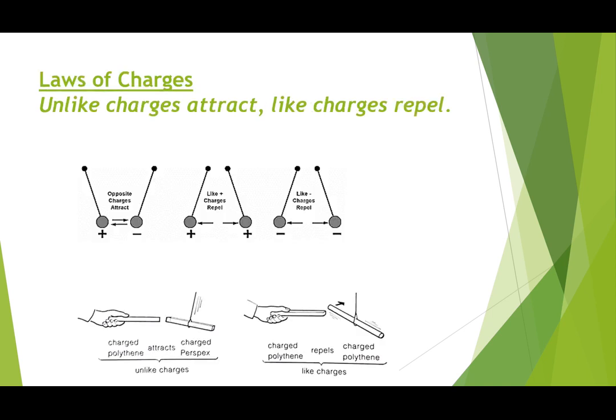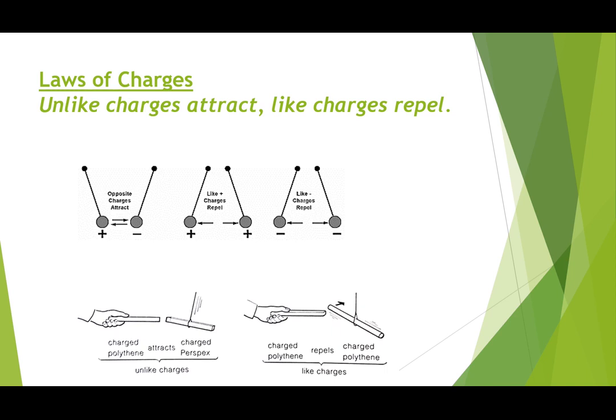Normally, there are two types of charges in an atom. Which are the two types of charges? The positive charge and the negative charge. The law of static electricity says that like charges will repel. That means when a proton and proton, or a positive charge and positive charge, come near to each other, they will repel each other, as well as when a negative and negative charge, or an electron and another electron, come near to each other.